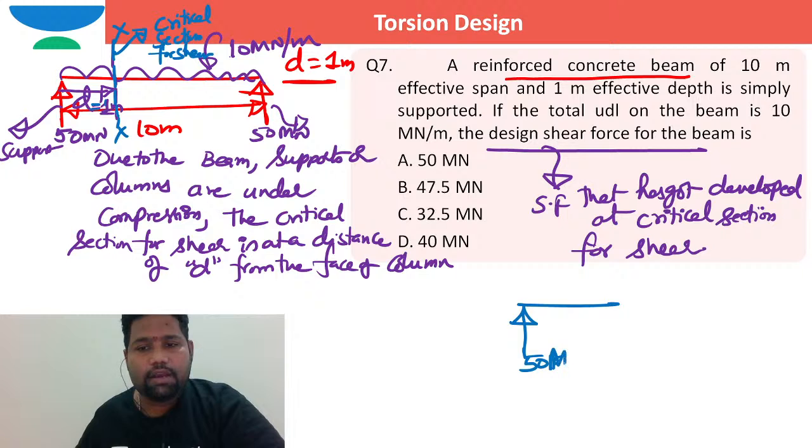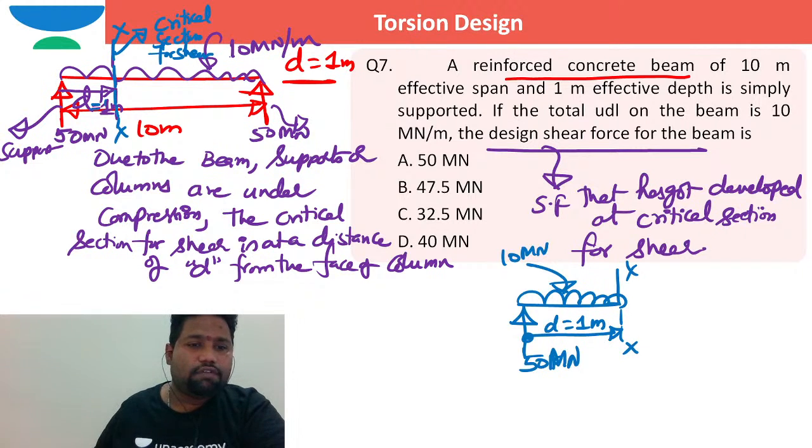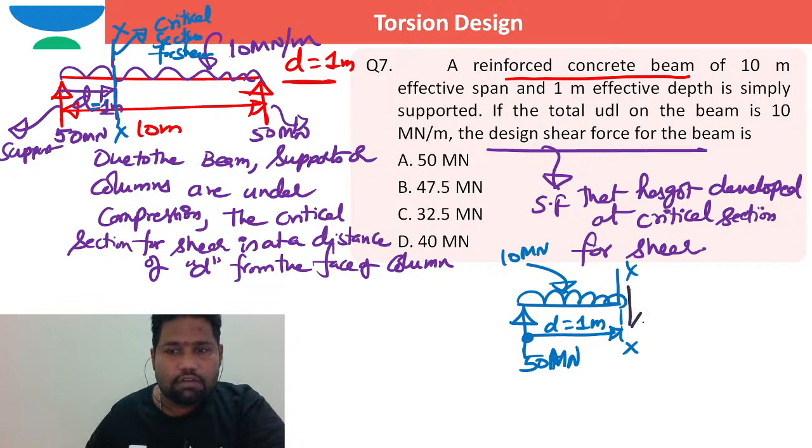This is 50 meganewton, this is cut section XX, and this is the UDL with intensity 10 meganewton per meter, and the distance is small d, which is 1 meter. Now, what is the shear force at this section XX, brother? The shear force at this section XX is called the design shear force.